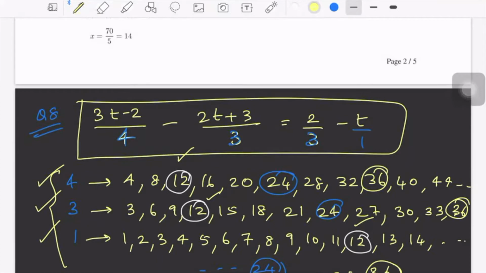You definitely want to choose the smallest number because that will make your math easier, right? Make sense? You want to choose the smallest number, so that will make your math and life easier. So we are going to choose 12. Make sense?